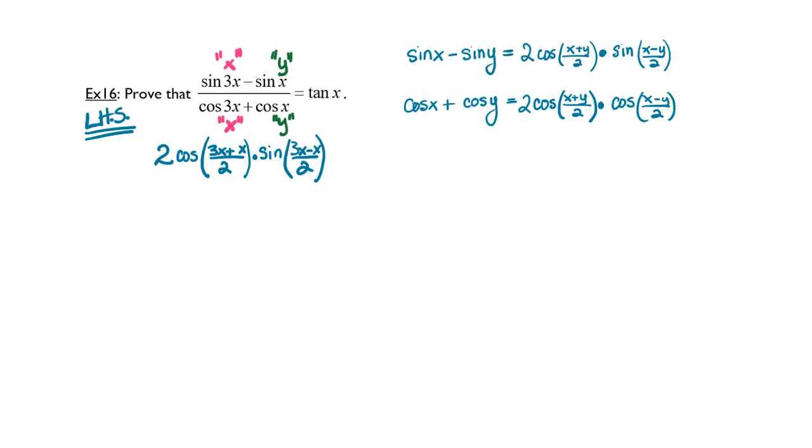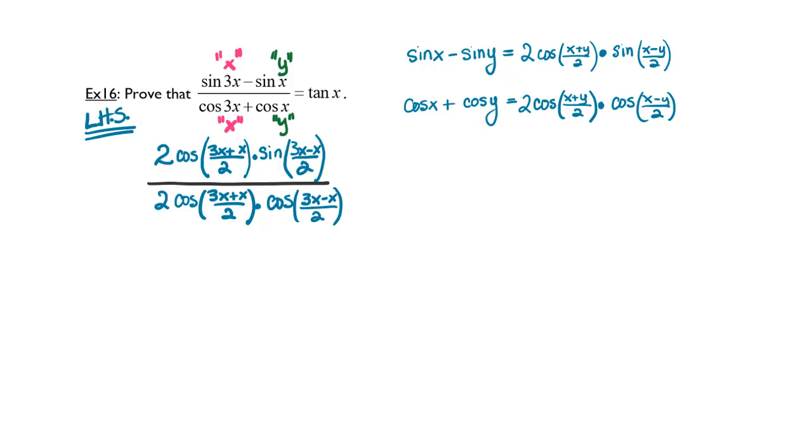And in the denominator, I will have 2 cosine of 3x plus x over 2 times the cosine of 3x minus x all over 2.